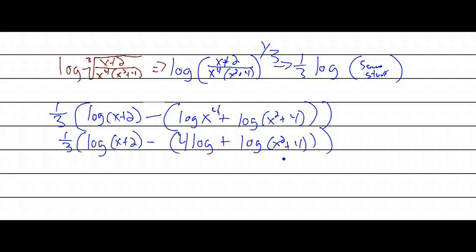The next one says number 5. Number 5 says natural log of x minus 2 natural log of x squared plus 1 plus 1/2 of the natural log of 3 minus x to the 4th.